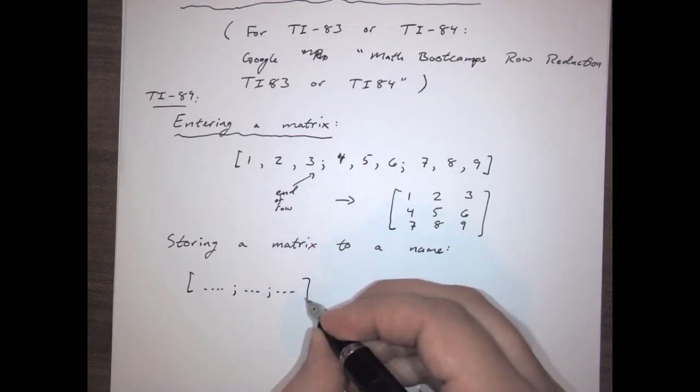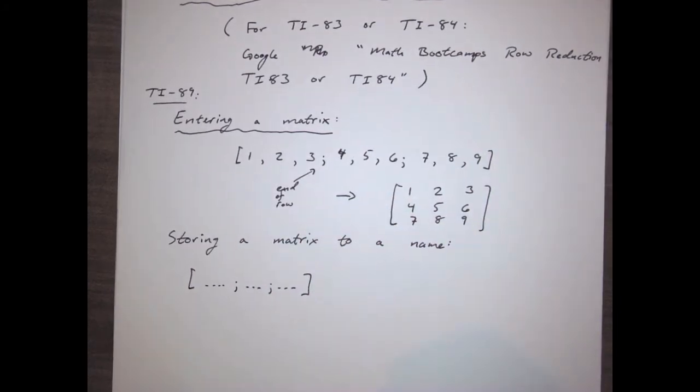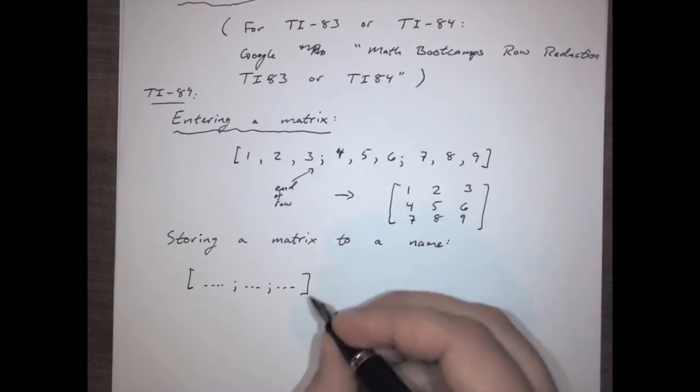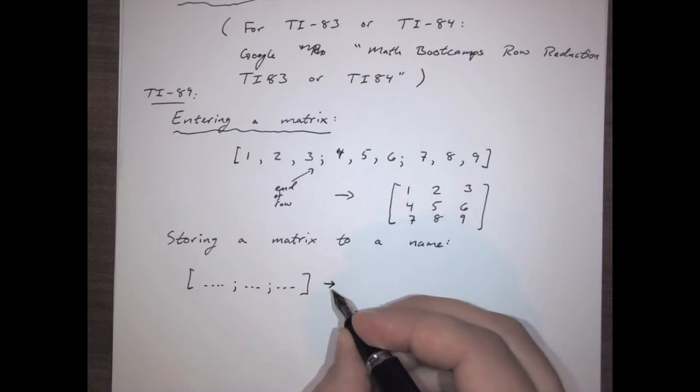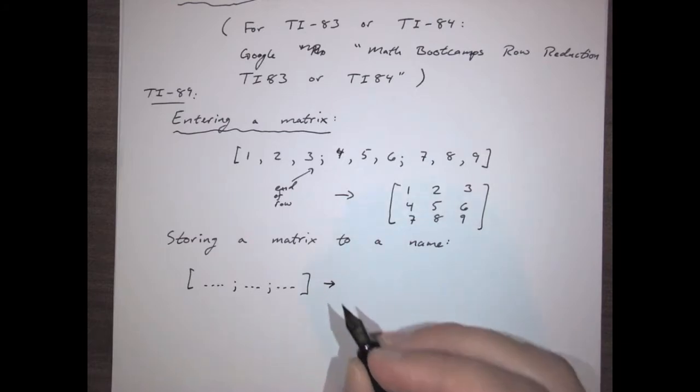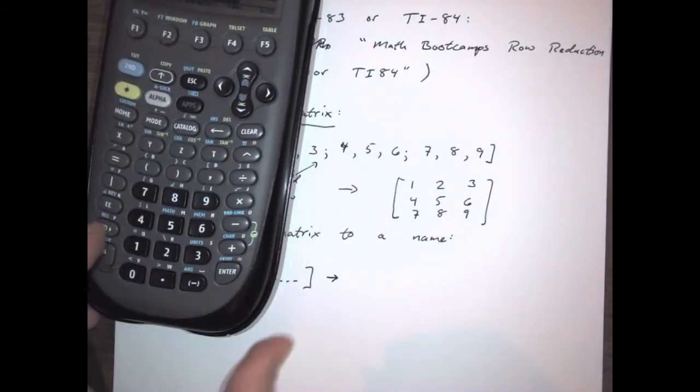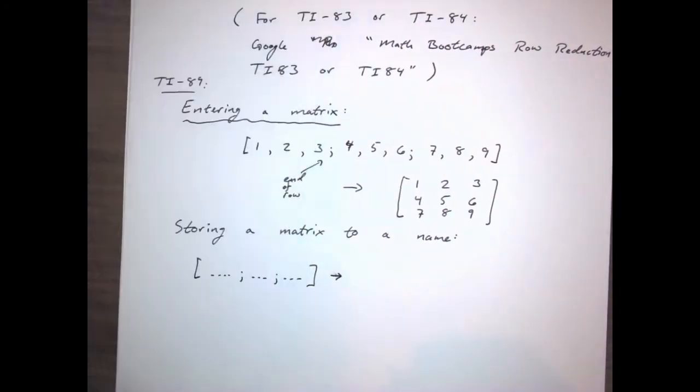There are other ways of doing this, by the way, so if you already have a way that works for you, no big deal. And then you use the little arrow here, which you get by doing the store button. So that means store it as a variable.